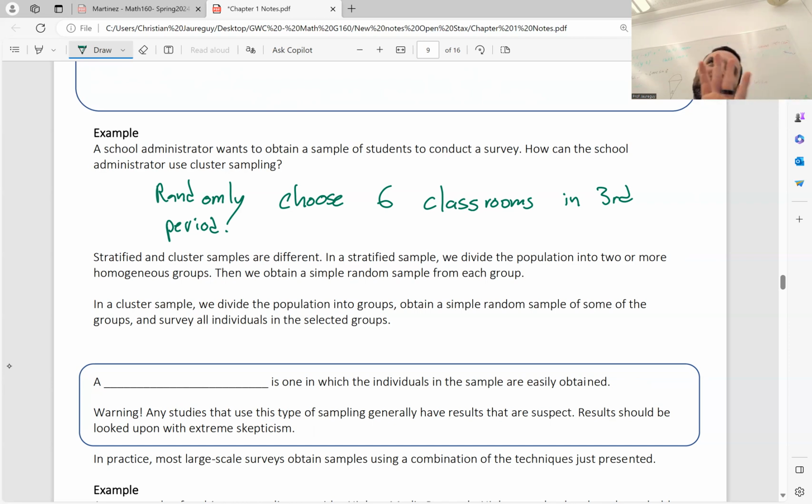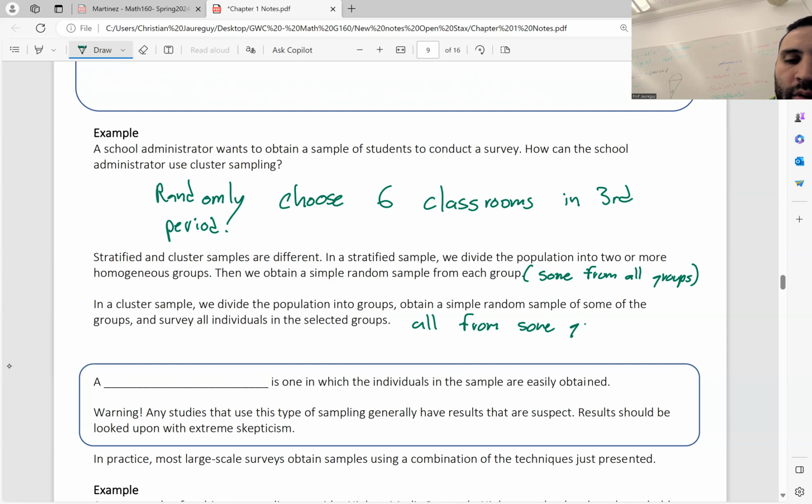So it's very weird, so it might take a second to internalize that. But this is the first one, some from all groups. And then all from some groups. So they are different.